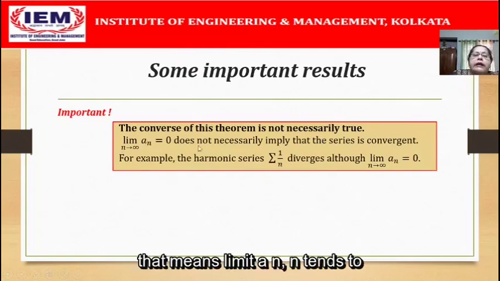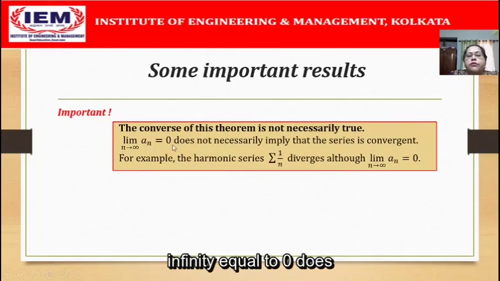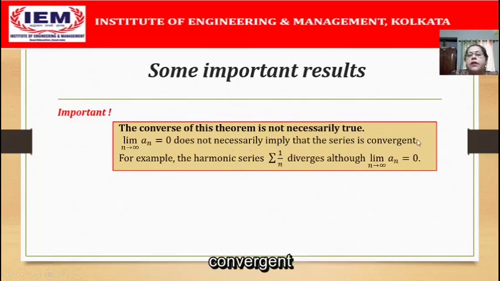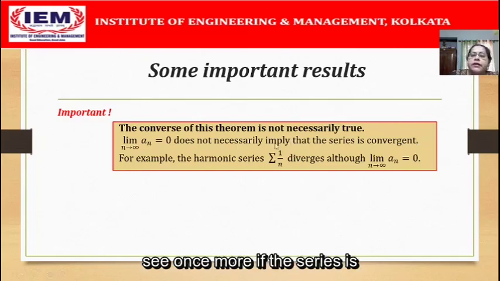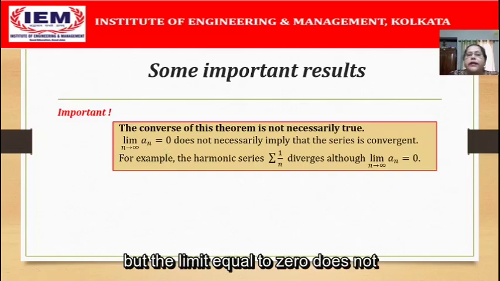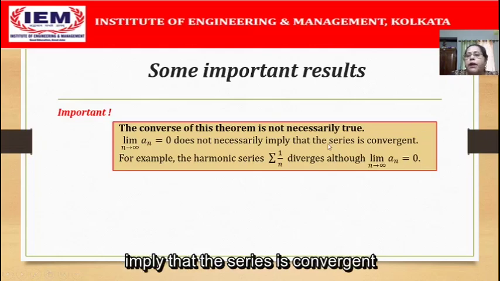That means limit an as n tends to infinity equal to 0 does not necessarily imply that the series is convergent. See once more, if the series is convergent, then limit an as n tends to infinity must be 0. But the limit equal to 0 does not imply that the series is convergent.